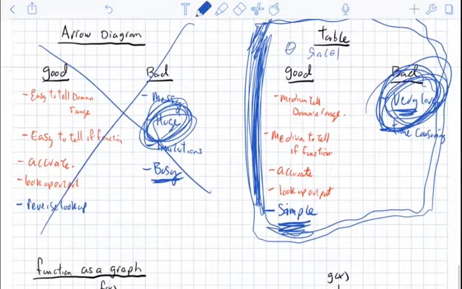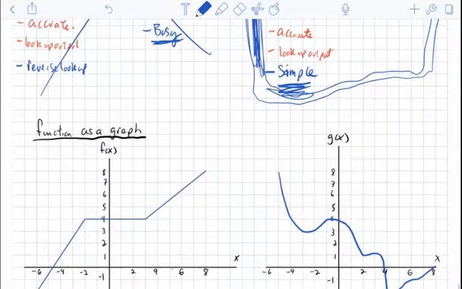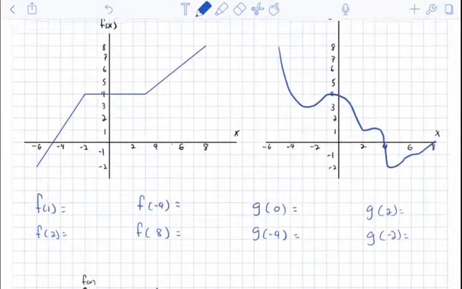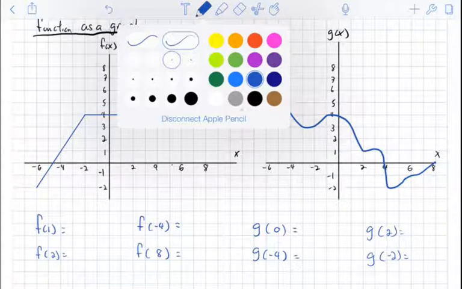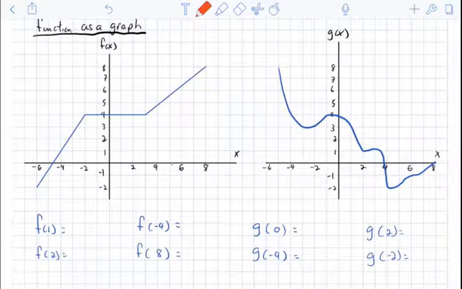So there's another way to talk about functions, and that's as graphs. Functions can be displayed as graphs. Here are two graphs. They're both functions. Before we do anything else though, I want to talk about looking up the output of a function using a graph. There's an x-axis, an input axis, and an output axis.